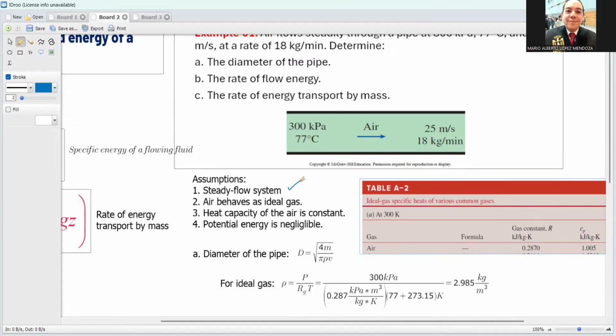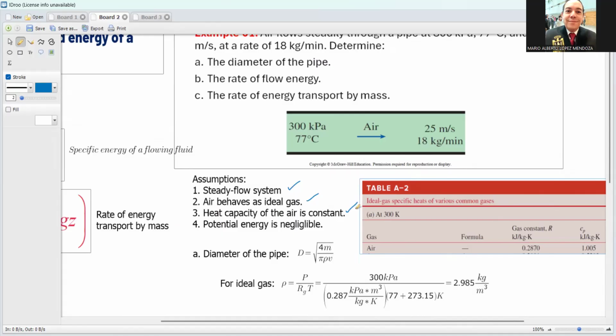In this case, we have air in moderate conditions. 300 kilopascal is 3 times the atmospheric pressure, so we can suppose that the air behaves as an ideal gas. If we have an ideal gas, in terms of its energy we can suppose that the heat capacity of the air is constant; we suppose that along time this heat capacity will not change.